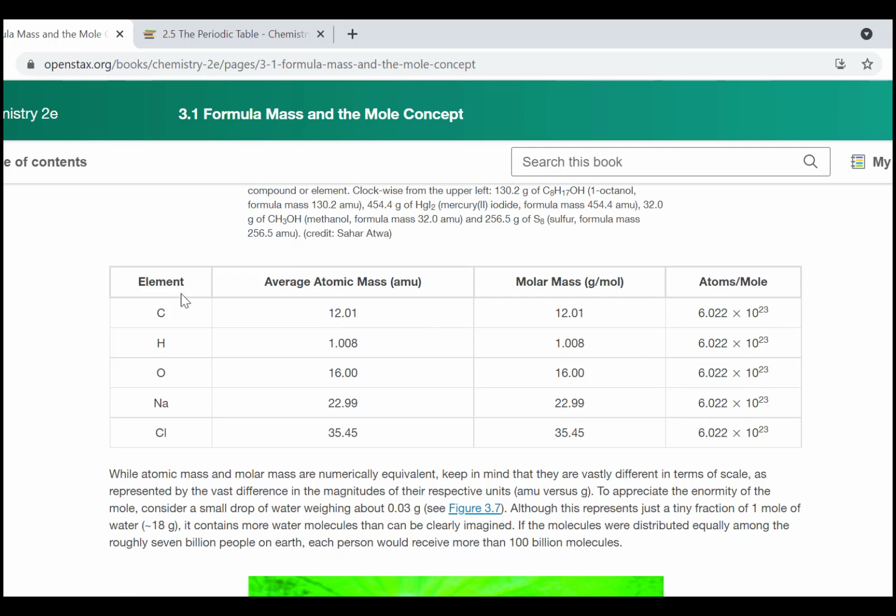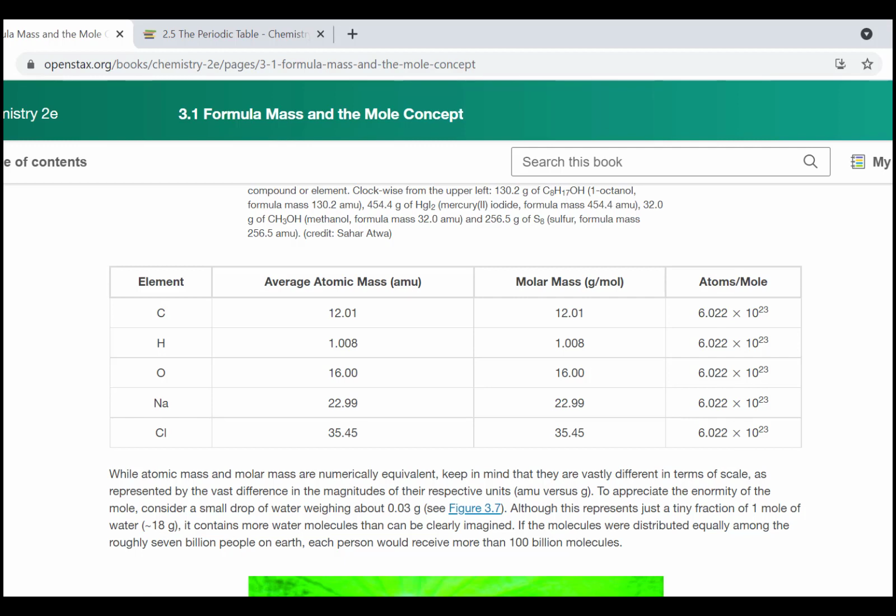So you'll notice for each of these different elements, we have a different molar mass. However, the atoms per mole remains the same. And that's because the mole concept is defined as being this number.